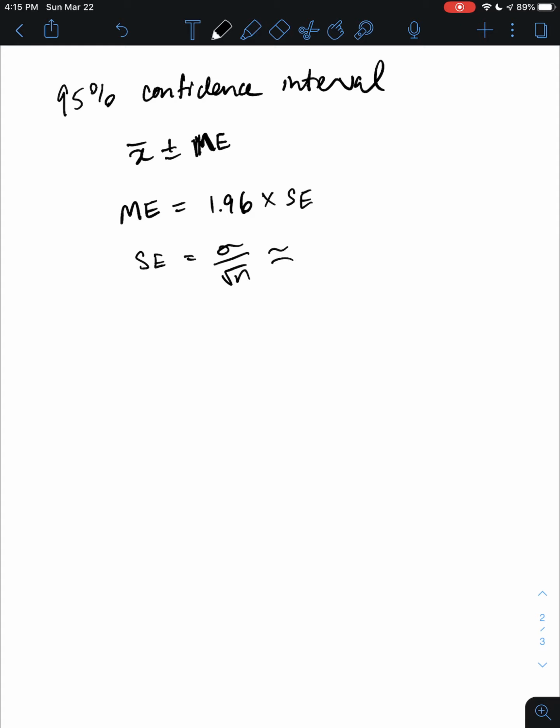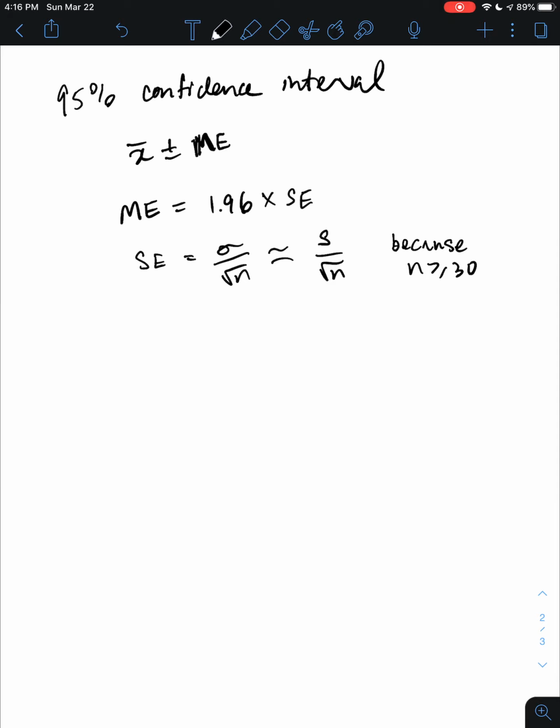And the same drill, we don't know sigma, so it turns out that we can approximate sigma by s in the large sample situation. So sigma is approximately s, therefore sigma over the square root of n is approximately s over the square root of n. So that gives us how to determine a confidence interval, and it is exactly the same calculation as we did in 8.2.